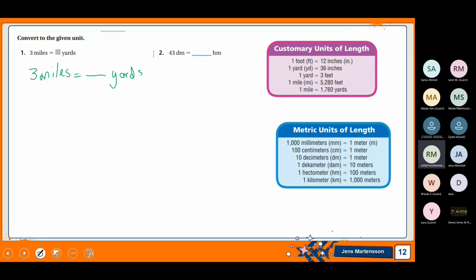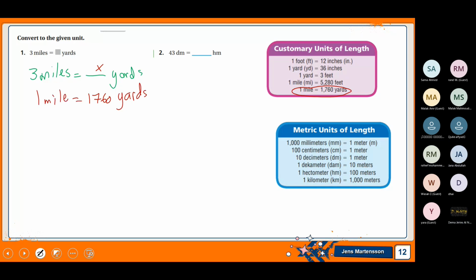Which conversion unit? 1 mile equals 1,760 yards. Bravo. Here you have 1 mile.